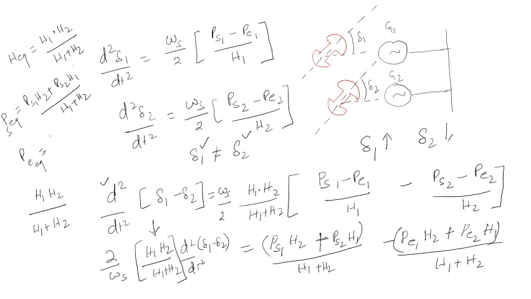Electrical side will be (Pe1 H2 plus Pe2 H1) upon H1 plus H2. So these are the two different equivalent equations that are new to your knowledge, for the electrical side and the mechanical side power increment.